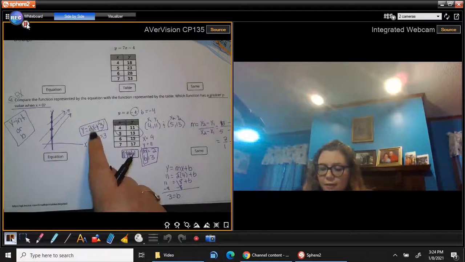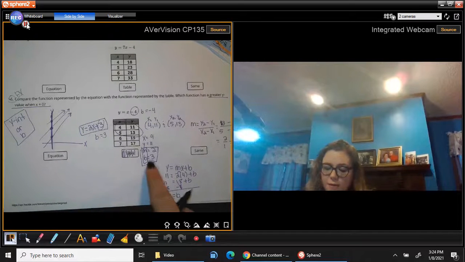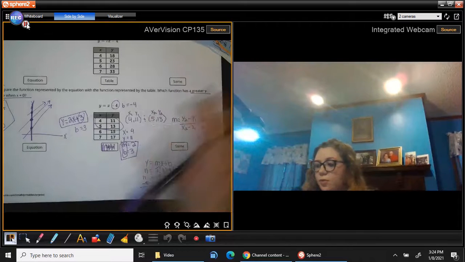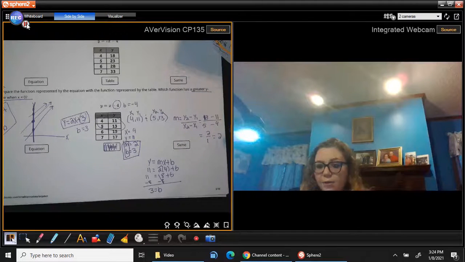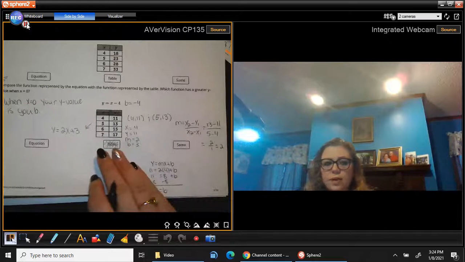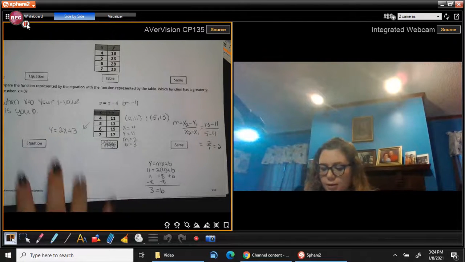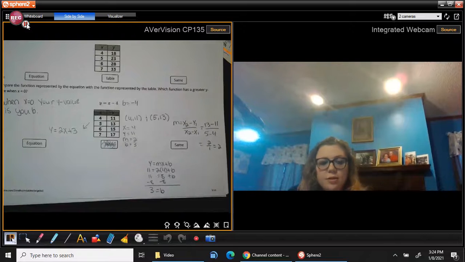And I didn't even have to create an equation. As soon as I found my y-intercept, I was fine. But this looks horrible. I'll give you my answer key. My answer key is written much nicer. Okay? When I'm in a hurry, I like to, but so when x equals 0, that y value is going to be your y-intercept.